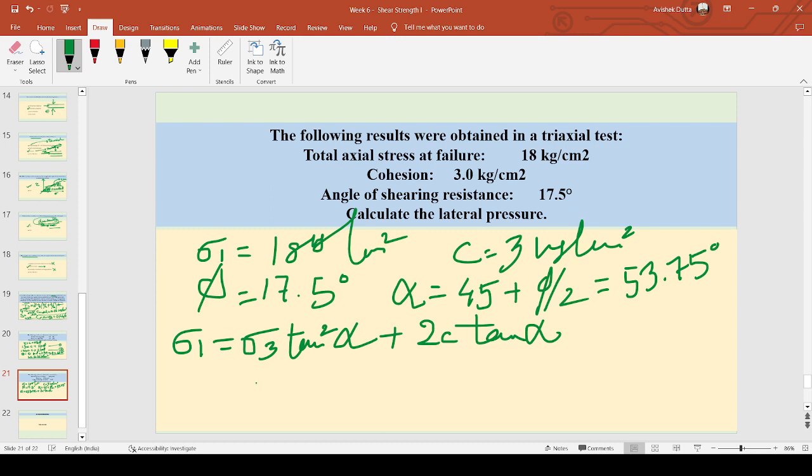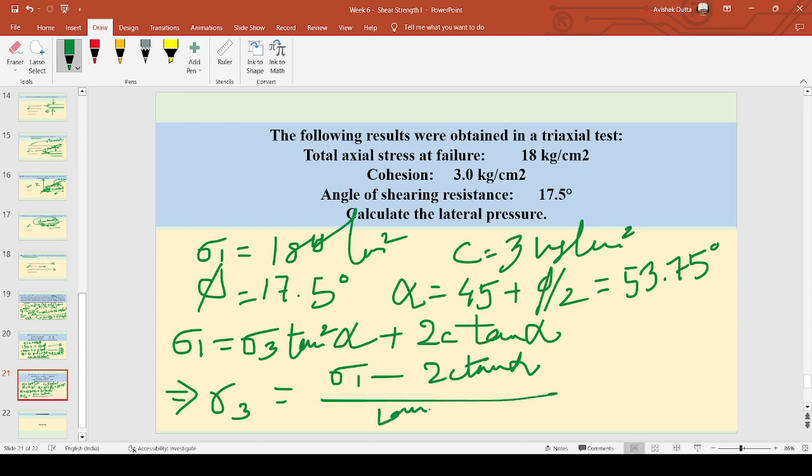We can rearrange this equation: sigma 3 equals sigma 1 minus 2c tan alpha, divided by tan square alpha.